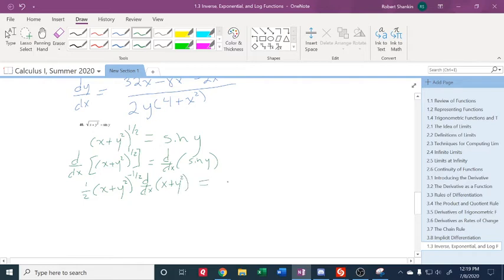When I take the derivative of sine of something, I get the cosine of that thing. Since these letters didn't match exactly, I have to tag on dy/dx from the chain rule.